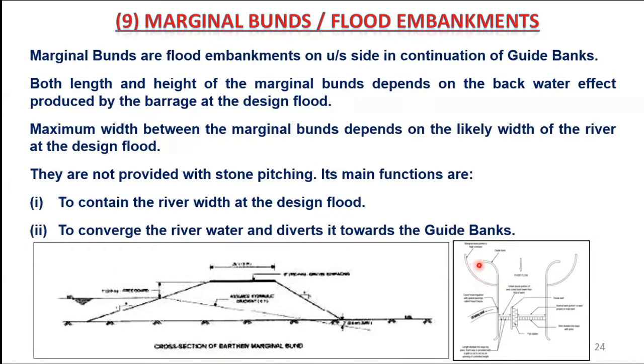They are also made of earthen material, and the cross-section shape is trapezoidal like this. So this is the shape of the marginal bunds or flood embankments.